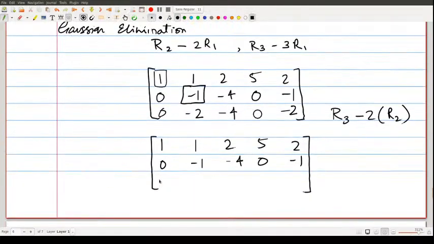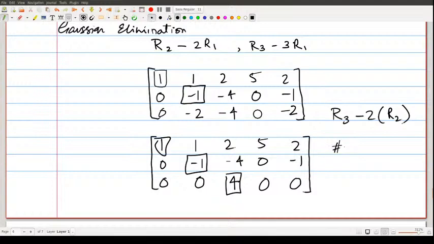The third row is the third row minus twice the second row: minus 2 times minus 1 is 2, minus 2 plus 2 is 0; minus 4 plus 8 gives 4; 0 minus 0 is 0; and minus 2 plus 2 is 0. So I indeed have the third pivot as well: 3 pivots.